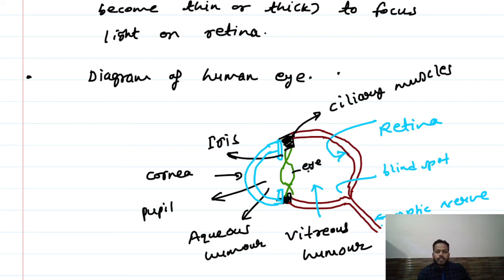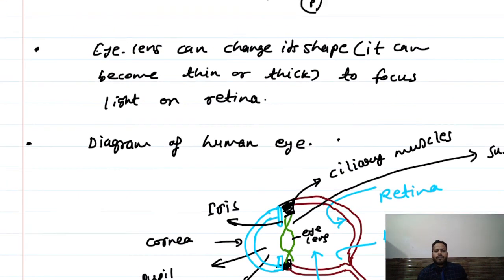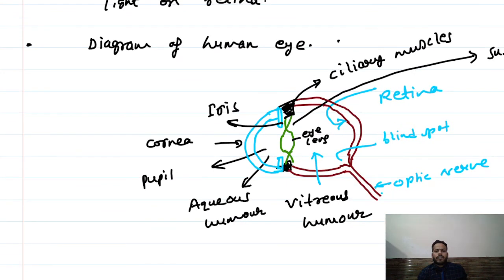This is eye lens, and definitely this one is called suspensory ligament. This green color one here, bachon, this is called suspensory ligament. Okay, so this is how the complete structure of eye we have. So different parts we have. I will be explaining you all the different parts. So in this video bachcho, this much only.